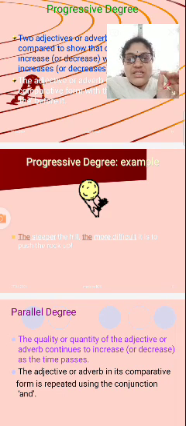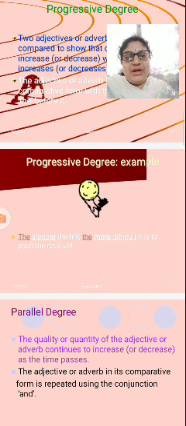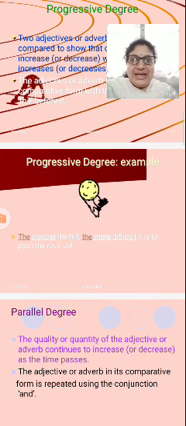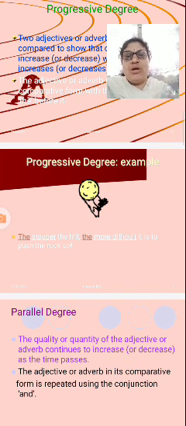I have kept the picture here so that by seeing the picture you can understand clearly. The steeper the hill, the more difficult it is to push the rock up.